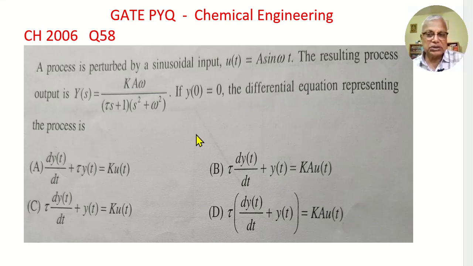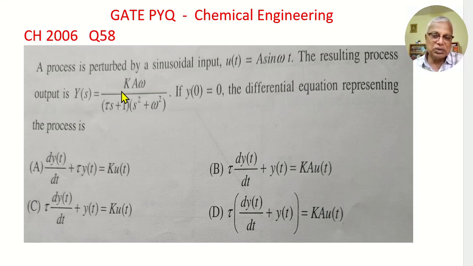Well, how do we do this? Take a pen and paper and find Y(s) for each one of these. How do you find Y(s) for each one of these? From the differential equation, to get the transfer function, take the Laplace transform, then substitute this U(s) and get Y(s).